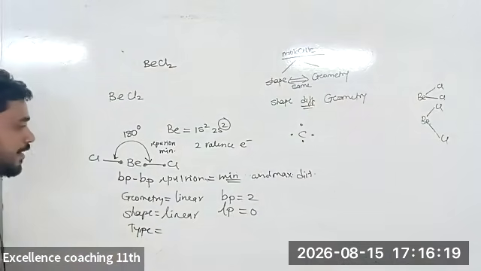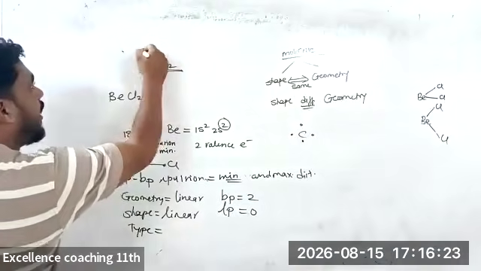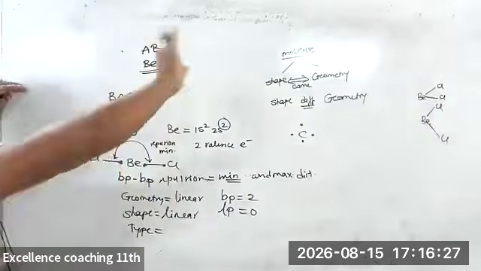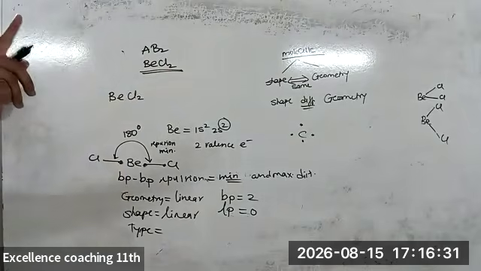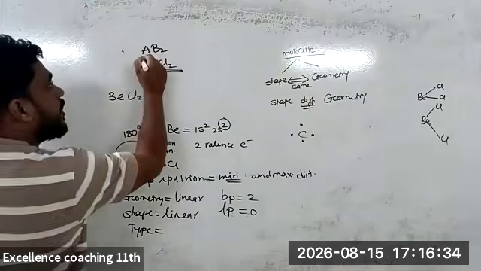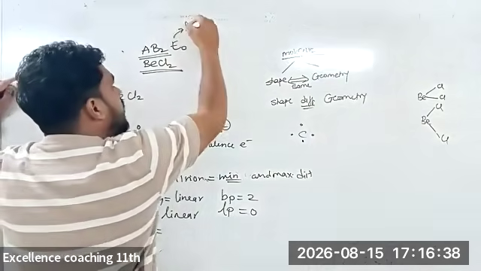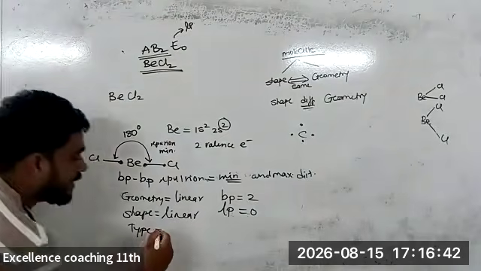The type here I have to write. So we consider it like this: A, B, 2. A is for the central atom, B is for the corner atoms. So the type here is AB2E0. E means lone pairs.